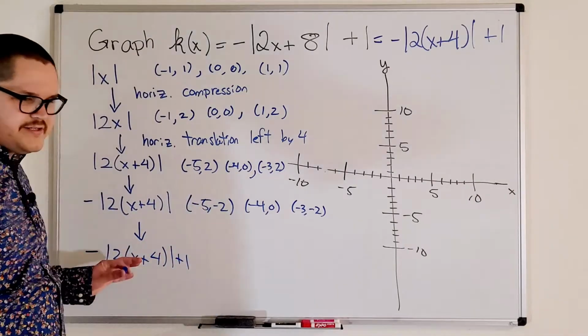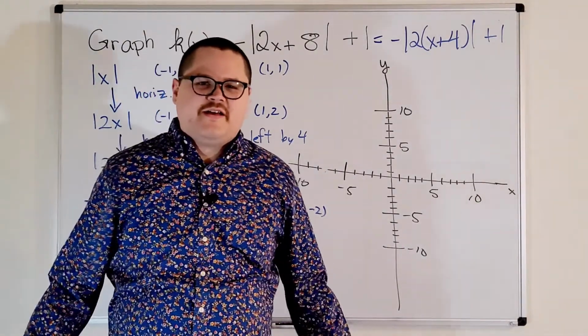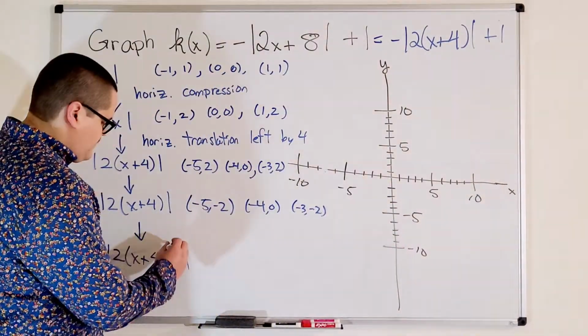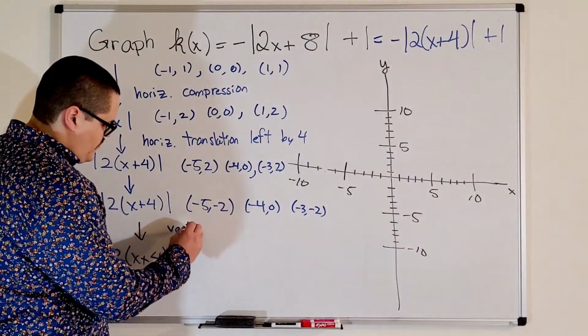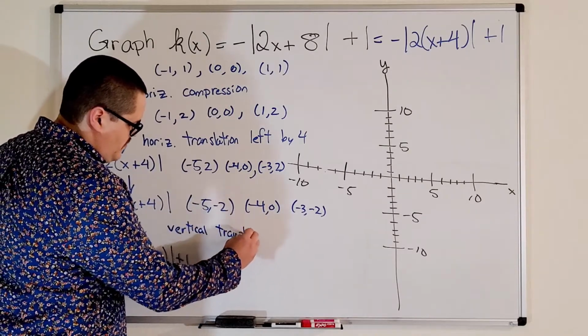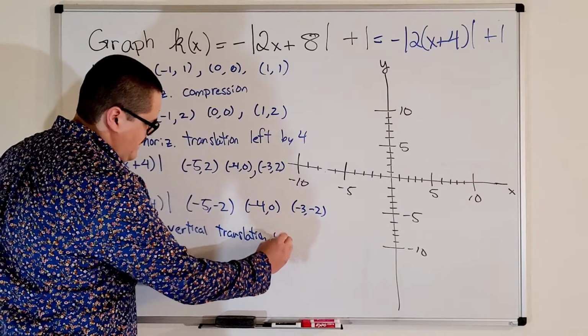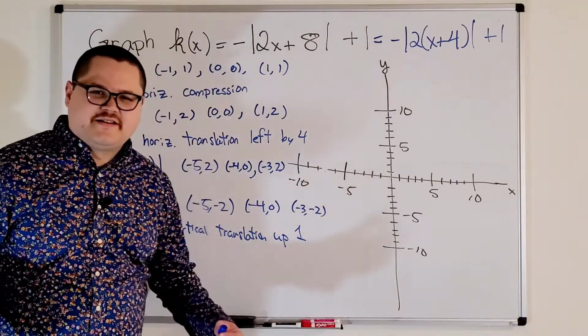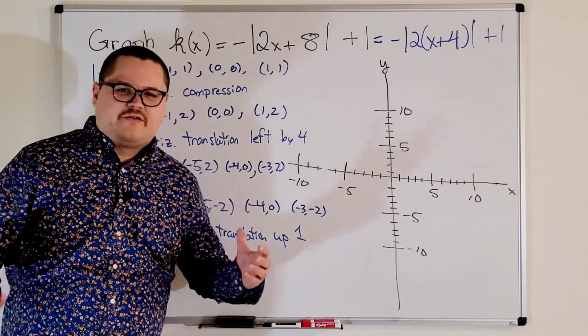And if we do a plus 1 at the end of the whole function, that's a vertical translation up by 1. Okay, so a vertical translation, that's going to affect the y values again.